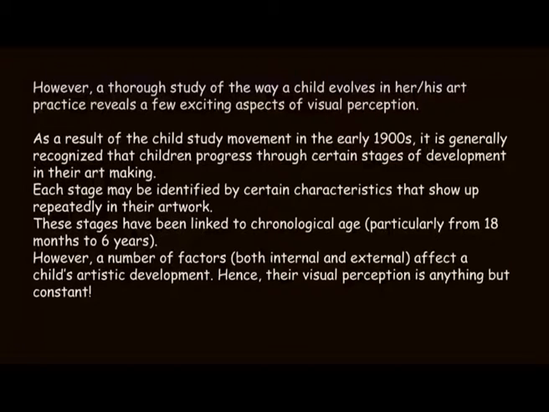However, a number of factors, both internal and external, affect a child's artistic development. For example, social factor, family factor, cultural factor, environmental factor, and also the historical or political environment may play a crucial role in altering this history of evolution of child art in certain cases.